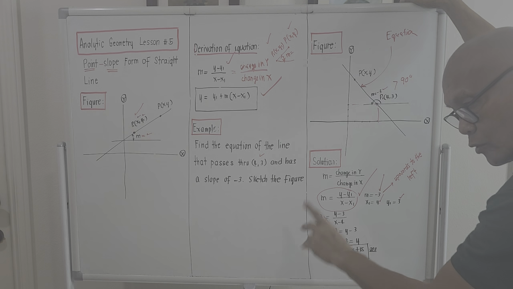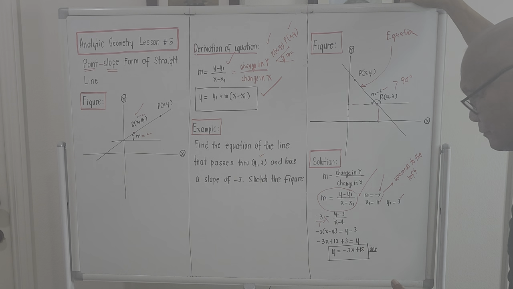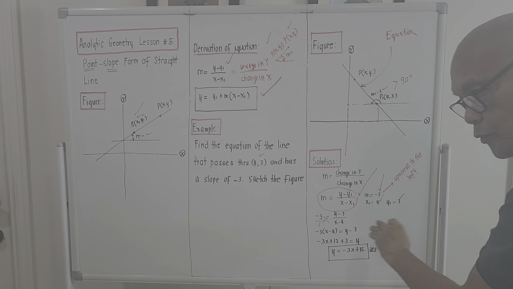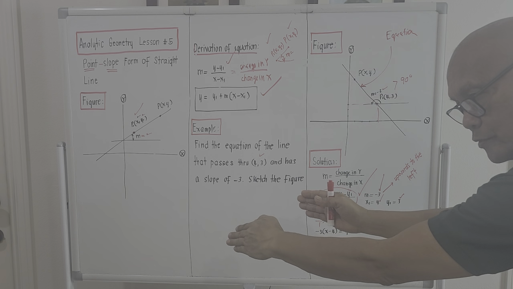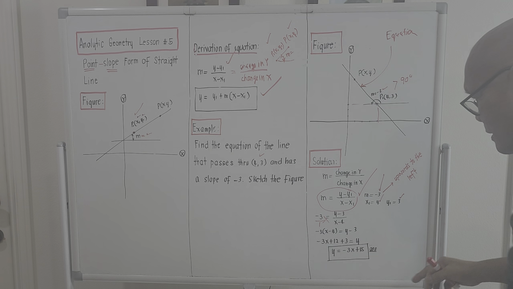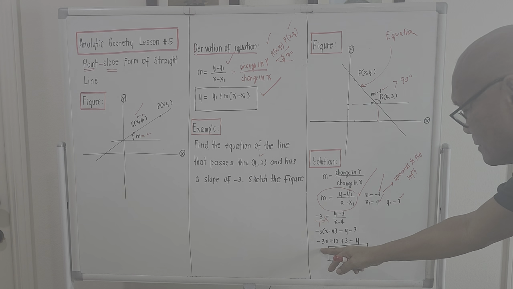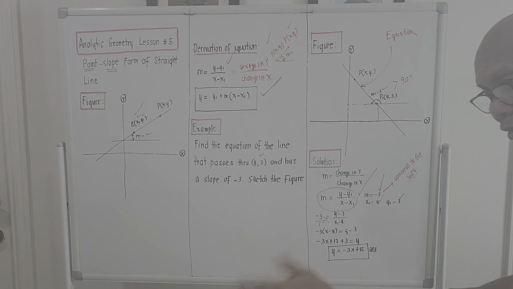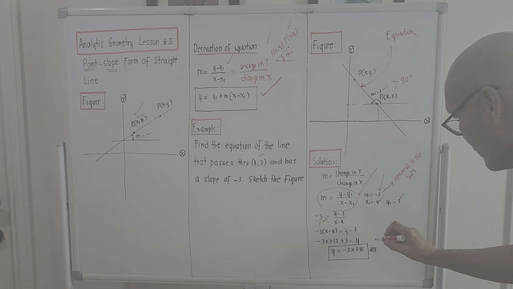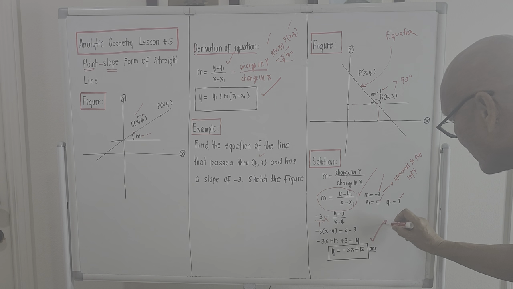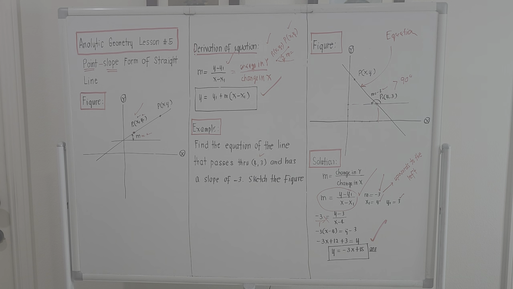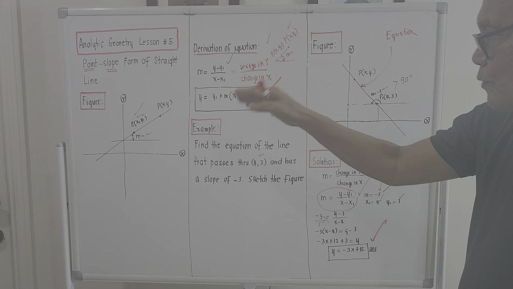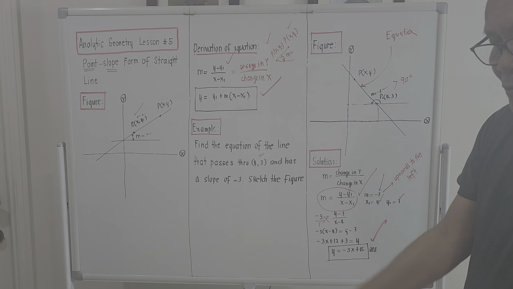So now, the equation of the required straight line, we rearrange: we put y on the left, all x terms on the right, plus the constants, so this will become minus 3x, and 12 plus 3 will be plus 15. So the equation of the required straight line is y equals negative 3x plus 15. Okay, that's the equation of the straight line using the so-called point-slope form solution.